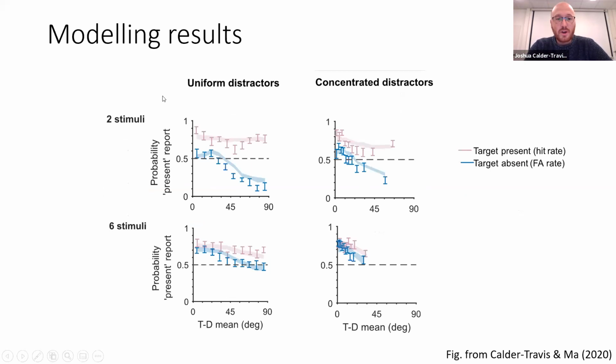In these plots, on the y-axis is the probability that the observer gave a target present report, and on the x-axis is target to distractor mean difference. Across this range of conditions in these different settings, again, the Bayesian optimal observer model does a really good job of capturing the different patterns in the data.